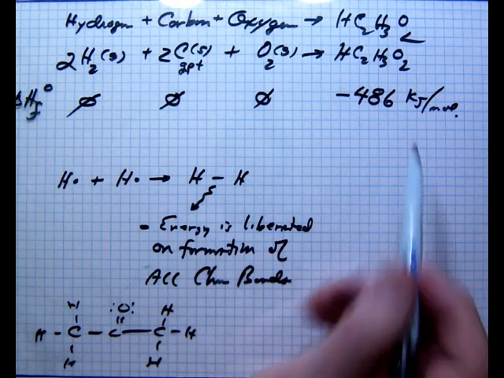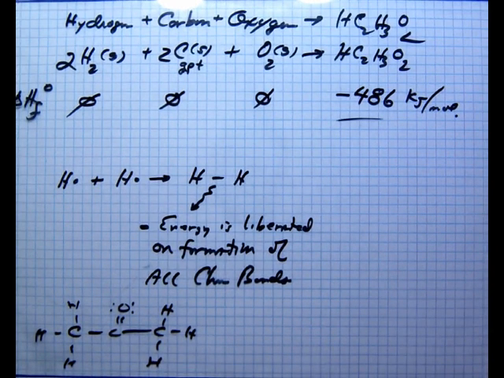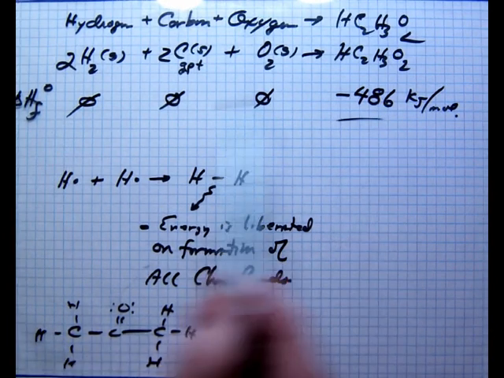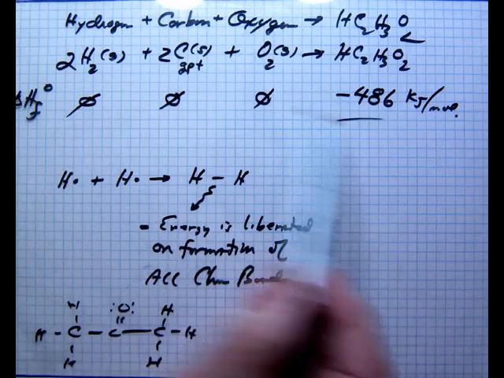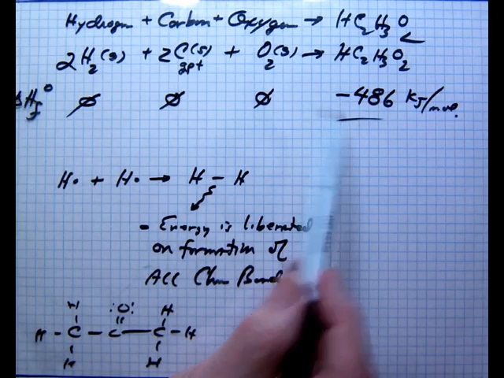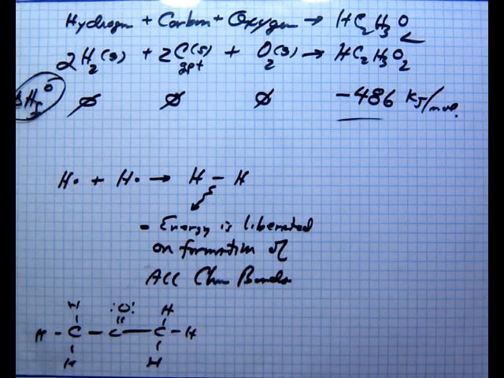Add them all up, they'll come up to 486. Because it is standard operating procedure when you talk about these delta HF, the heat of formation of a compound in a chemical equation, that number that you have for the compound is from basic elements in standard state.